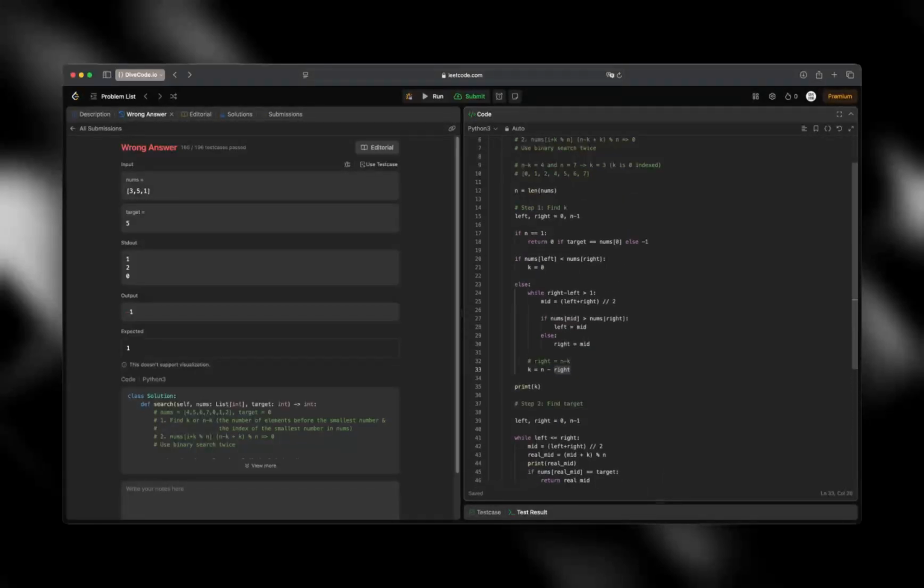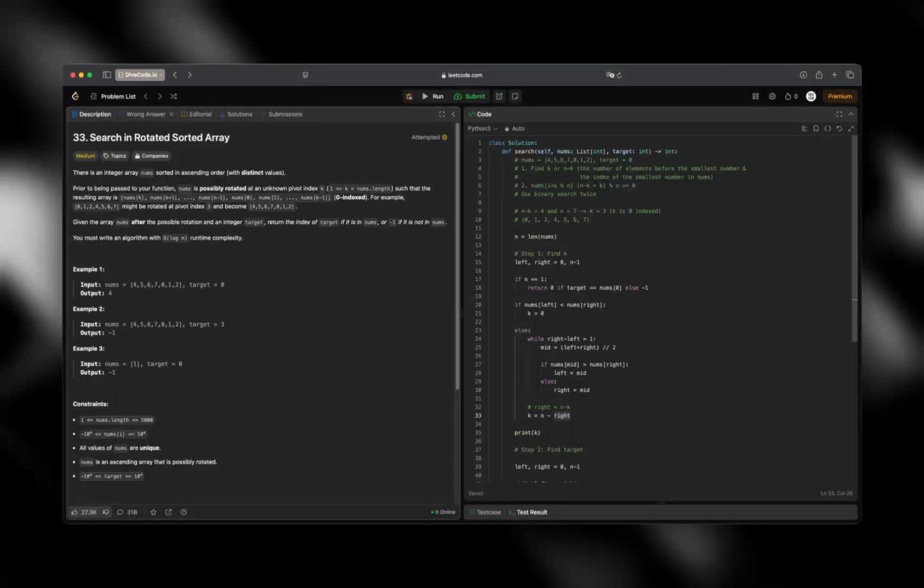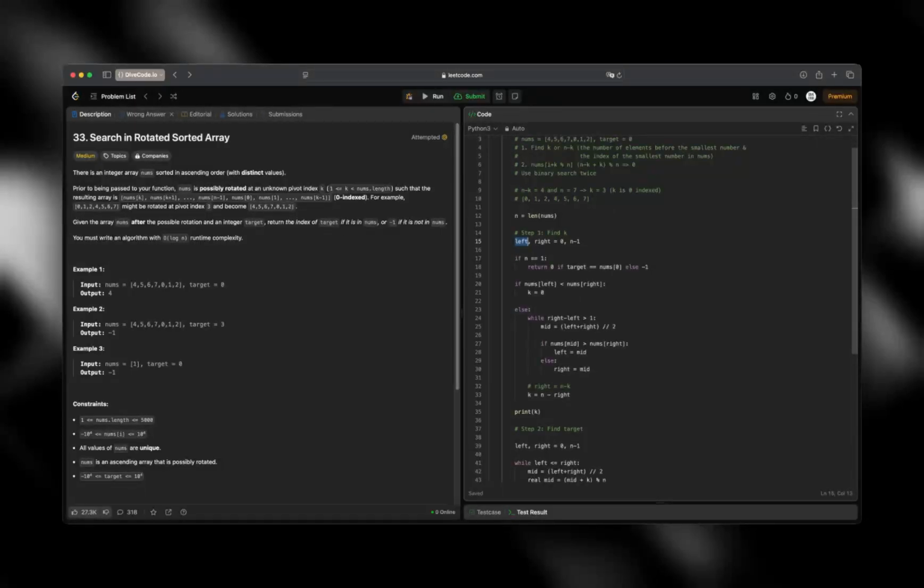Let's go from the beginning. So to solve the problem, I first try to find k using a kind of a binary search, right? Yes, and I checked if we only had one value in nums.